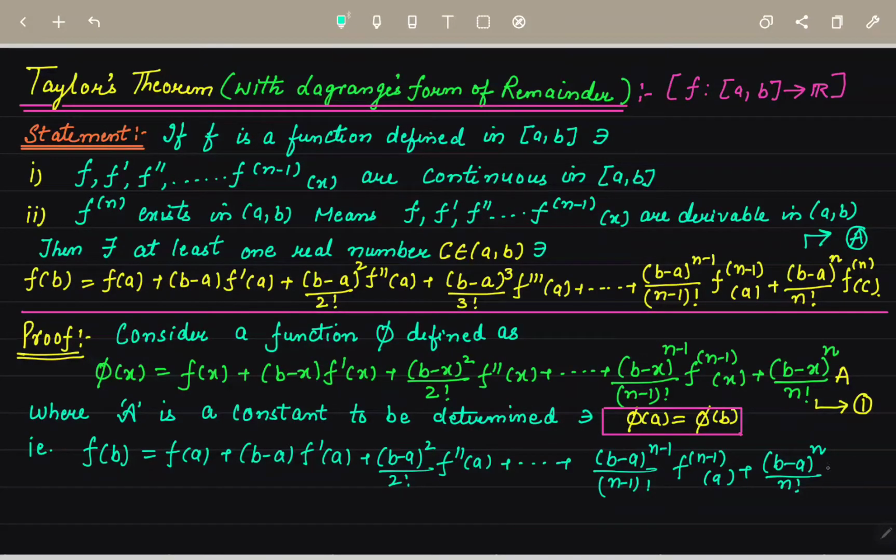Now here, instead of the nth derivative of f at c, I will write A. Name this as equation number 2.